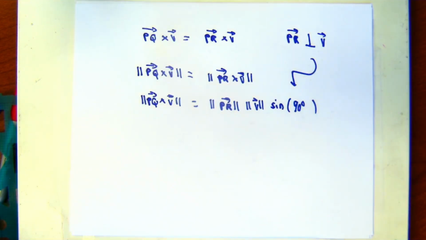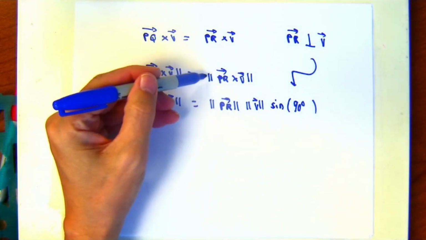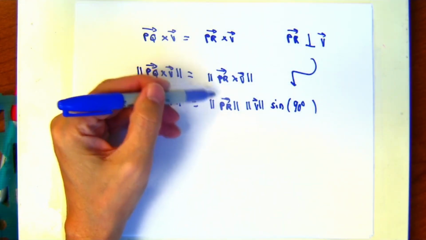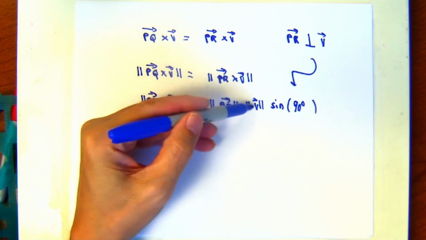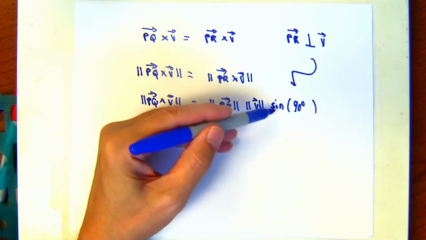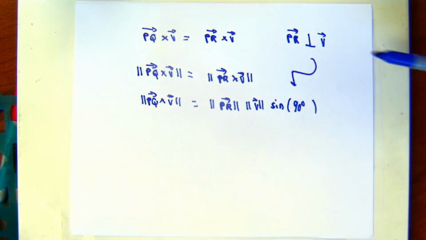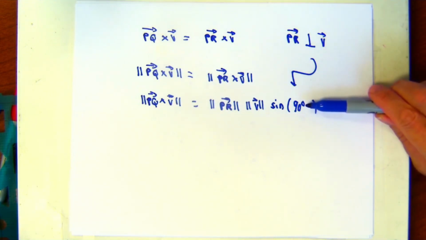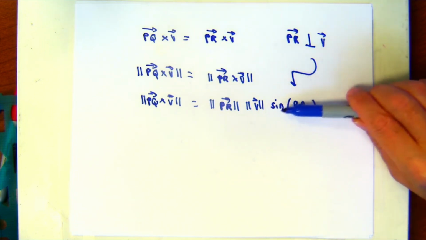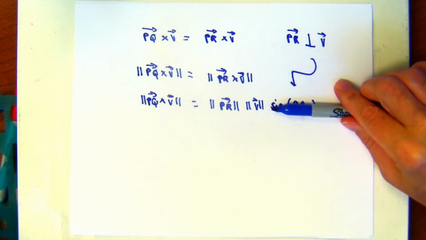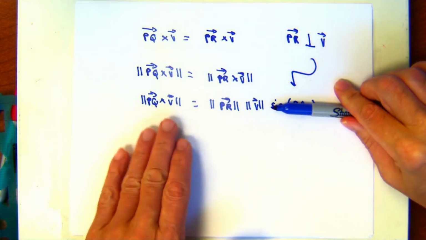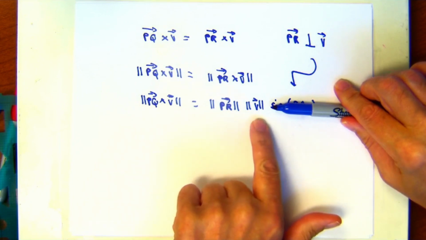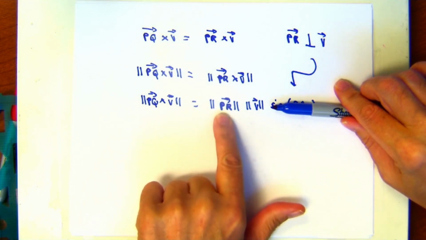One of the things we previously mentioned is that the magnitude of a cross product is the length of the first vector times the length of the second vector times the sine of the angle between them, and P to R is perpendicular to V, so this angle would be 90 degrees. Sine of 90 degrees is 1, so this factor can be omitted. This says that this quantity is the length of the V vector times what I'm after.